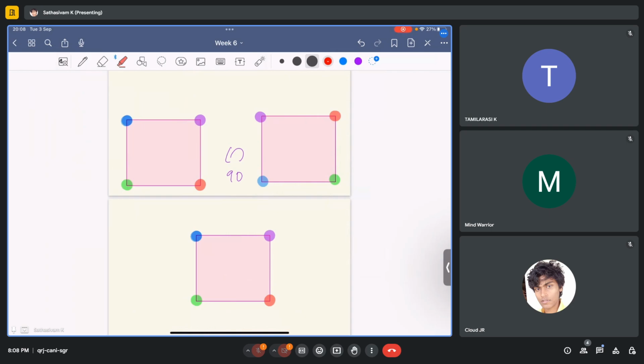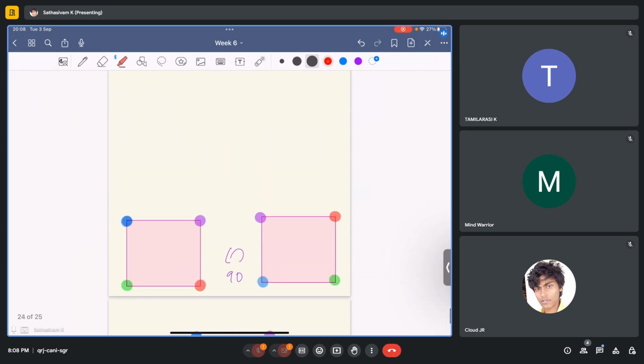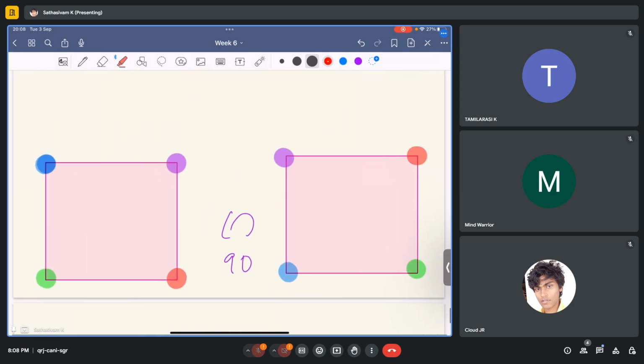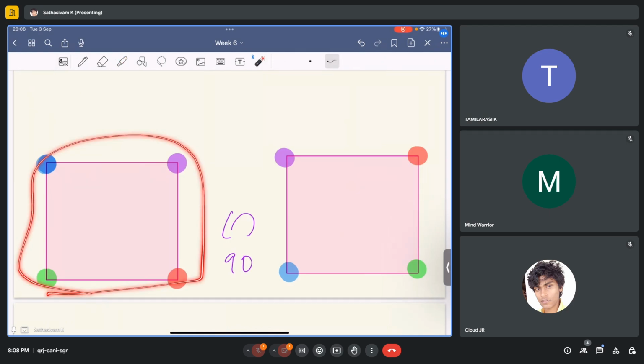If you observe, these two are not the same square. I mean, you take the square, rotate it, and you put it here. But since I mapped different colors here, this is kind of different now, right?